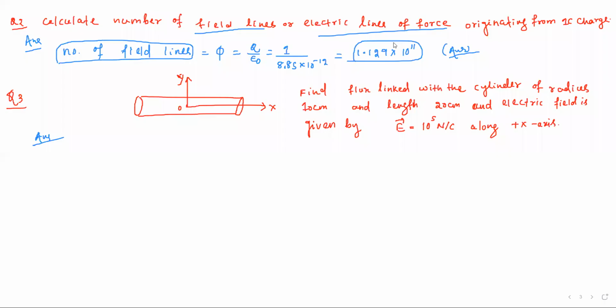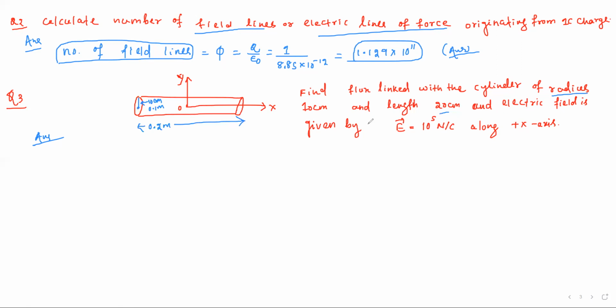So next. Here another diagram is given. A cylindrical surface is given, and we have to find the flux linked with the cylindrical surface. The radius is 10 centimeter, meaning 0.1 meter, and the length is 20 centimeter, meaning 0.2 meter.